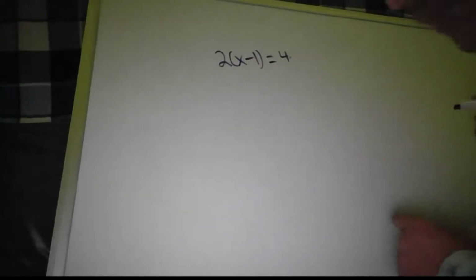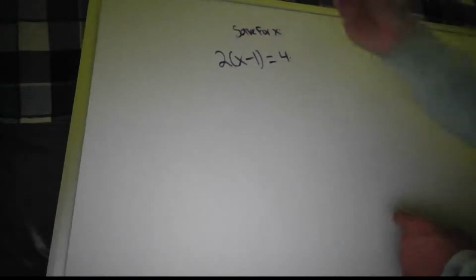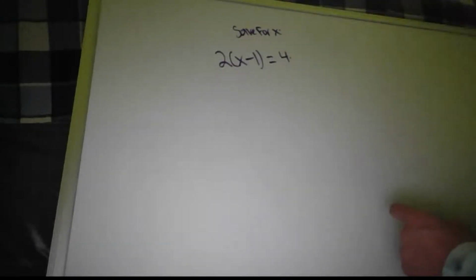Two times x minus 1 equals 4. Let's solve for x, right? So you just distribute your 2 in, right?